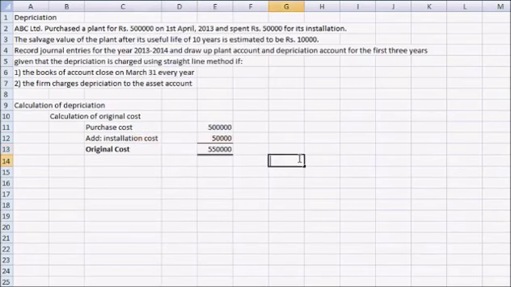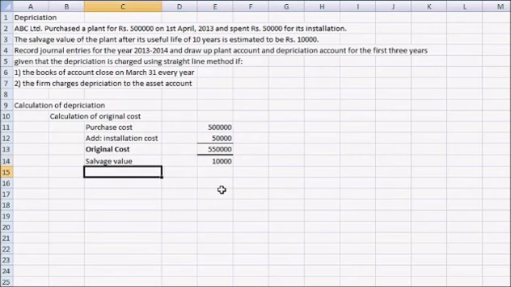So this is our original cost, and we know that we have a salvage value here. We can see that the salvage value of the plant after its useful life of 10 years is estimated to be 10,000. So we can write the salvage value, that is 10,000.